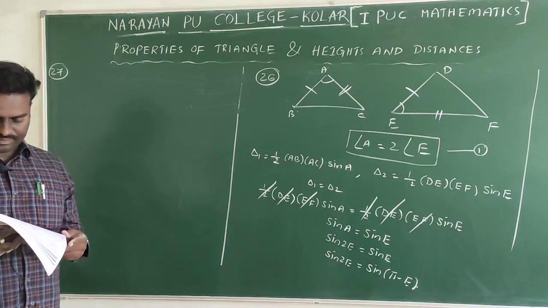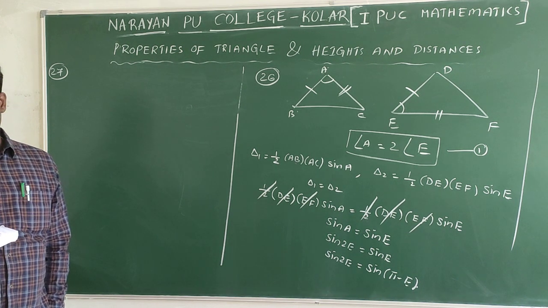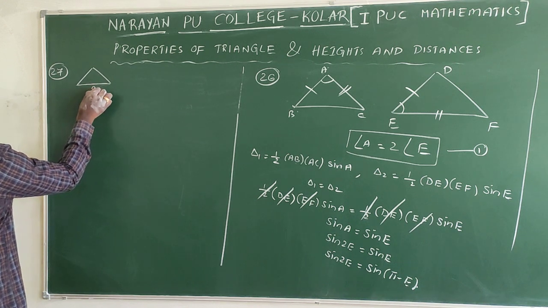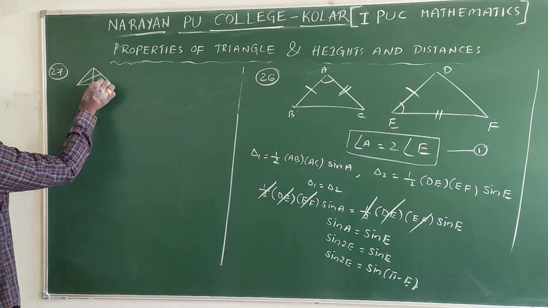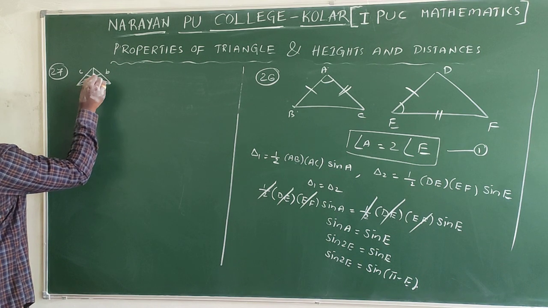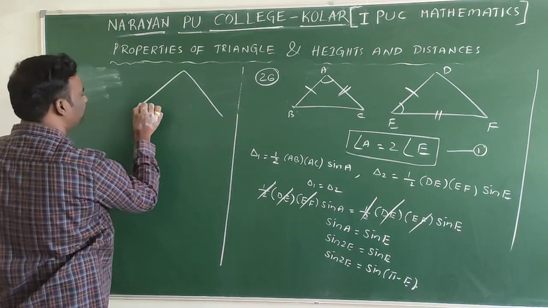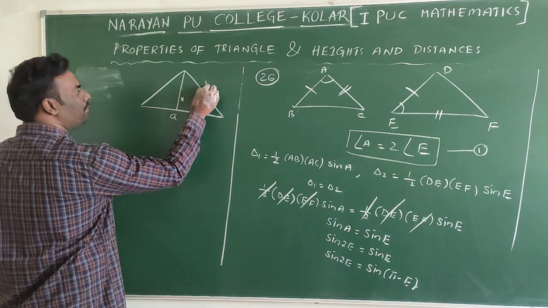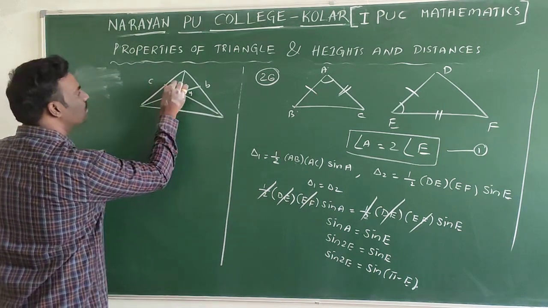Okay, next 27. If x, y and z are the perpendiculars drawn from A, B, C. See here, this is A, this perpendicular is x, this is B, this perpendicular is y, this is C, this perpendicular is z.